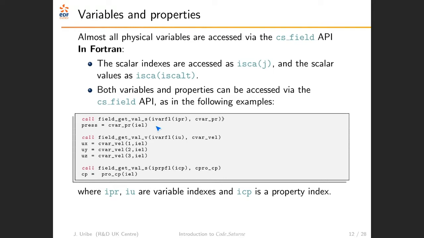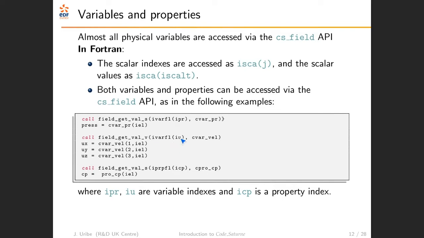In this example, you get the field index, which is this first part. I_bar_fl is the field for the variable, and ipr is the index for the pressure. This function searches for this index and returns this array where the pressure value is stored. So for any given cell iel, the value of the pressure is given by this.